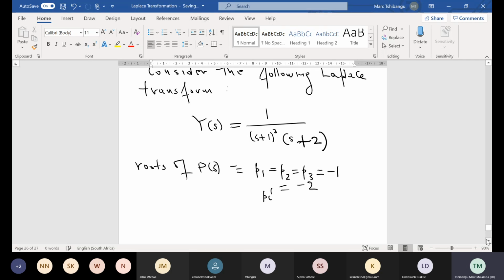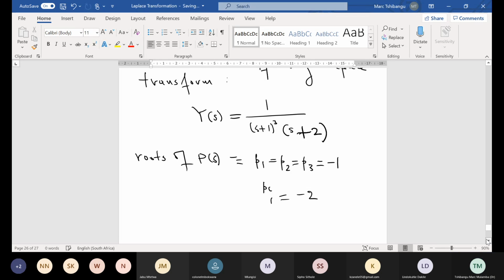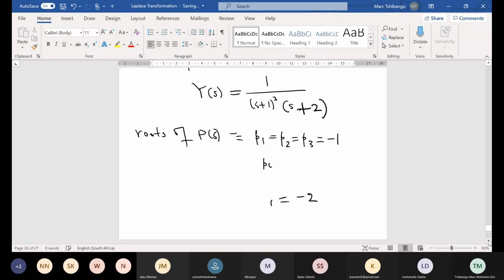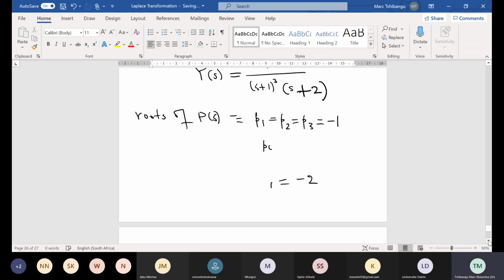So now the next step, again, negative 2.